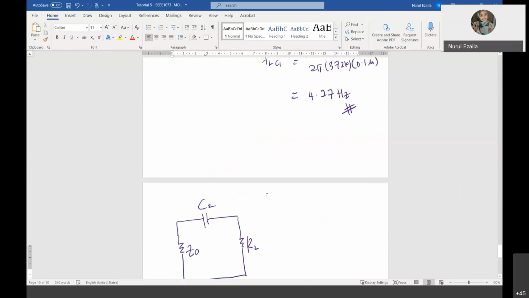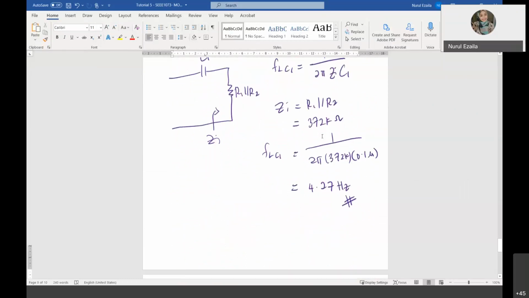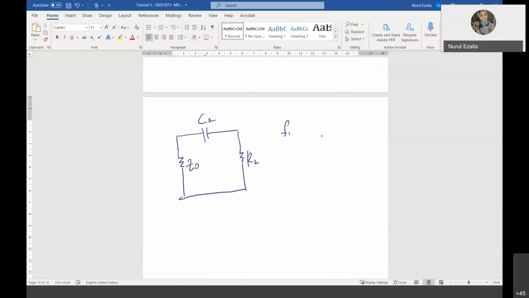So this is interesting. How do you find it? FLC2 is equal to 1 over 2 pi times (Z out plus RL) times C2.